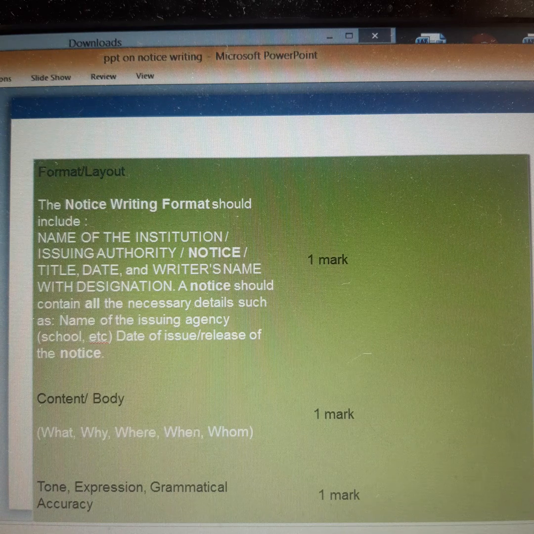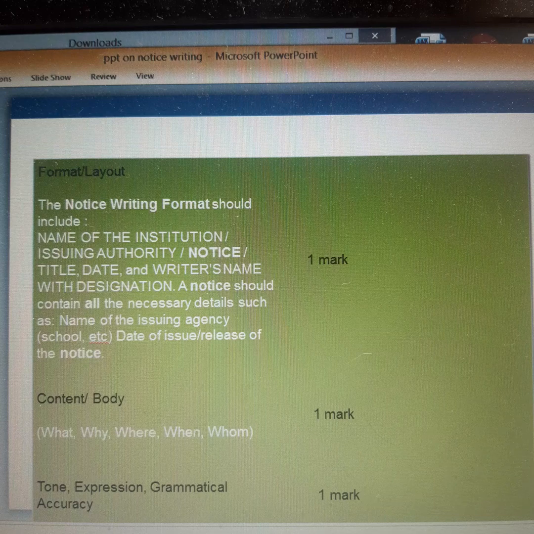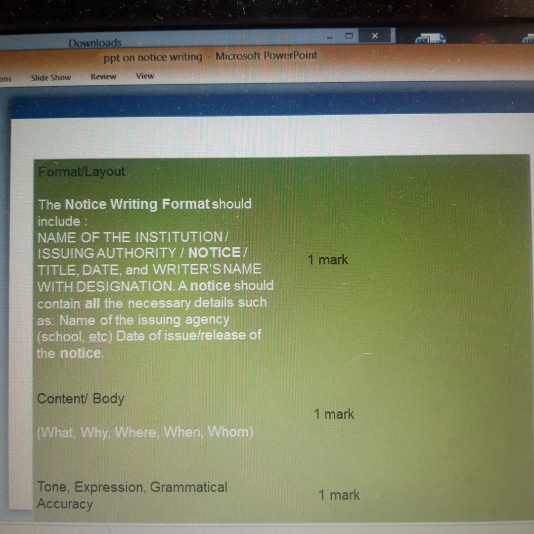It is the content. Now content also carries 1 mark. Under content, children, we answer the questions to the 5 W's. What it is, what is the event? For example, it is a musical concert, or it is a blood donation camp, or it is a PTM meeting.